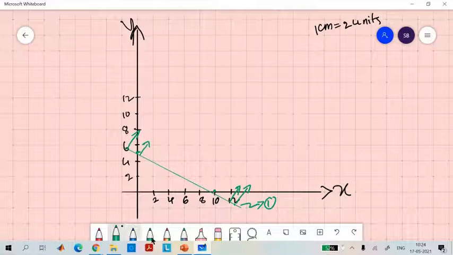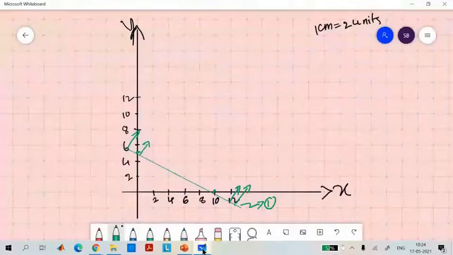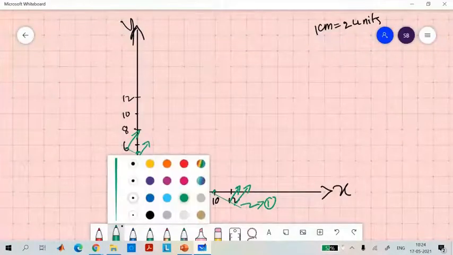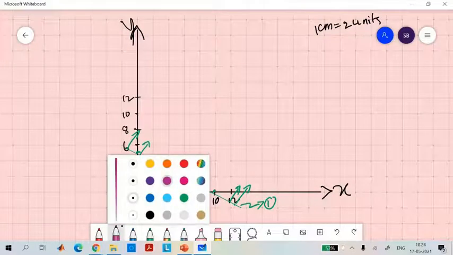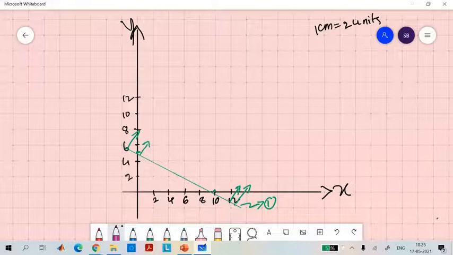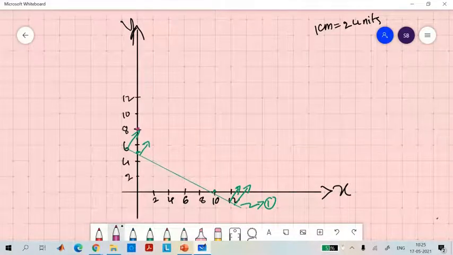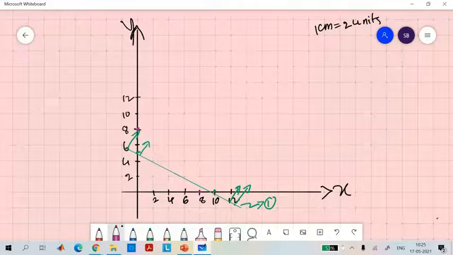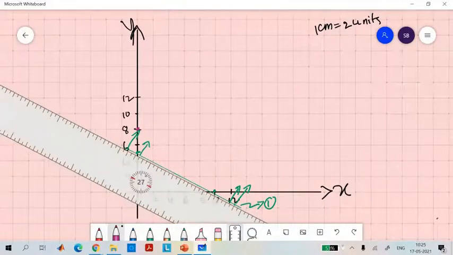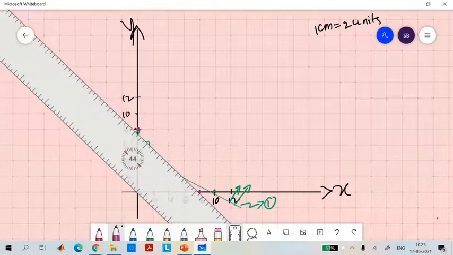Next we will draw the second line. What are the coordinates of the second line? (0, 8) and (8, 0). This is one coordinate, and this is the second coordinate. Now we draw the line from 8 to 8.